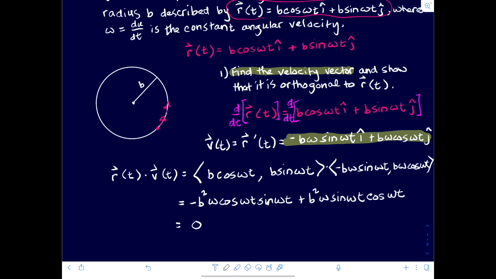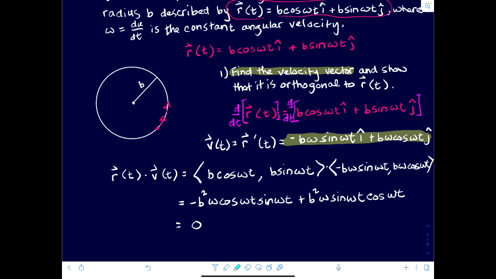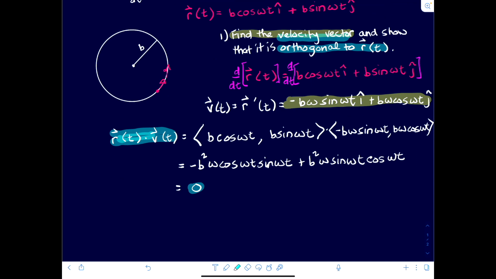So we'll end up with 0, right? And because the dot product is 0, that means that the velocity vector is orthogonal to r at t. Cool, cool. So our second portion, it being, of course, the velocity vector, is orthogonal. Good so far? Right? Very good.